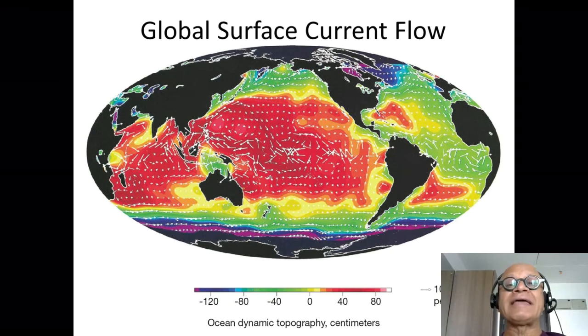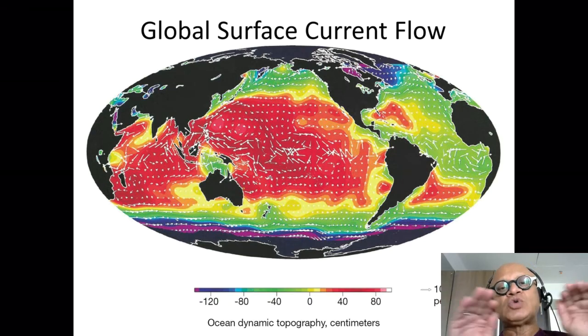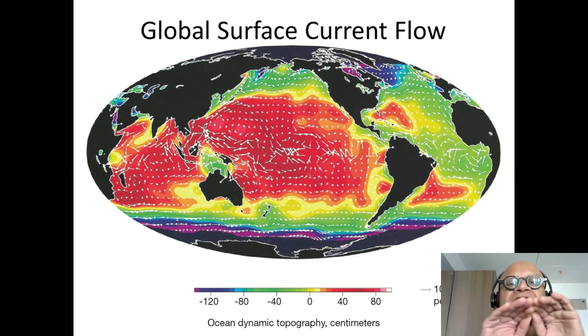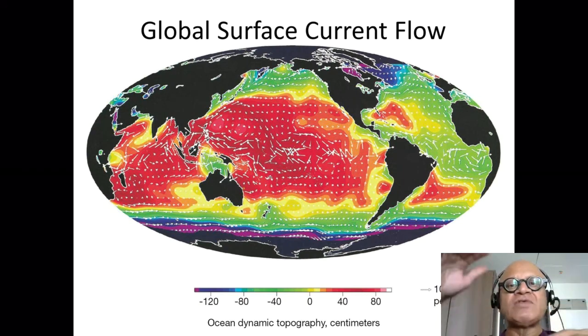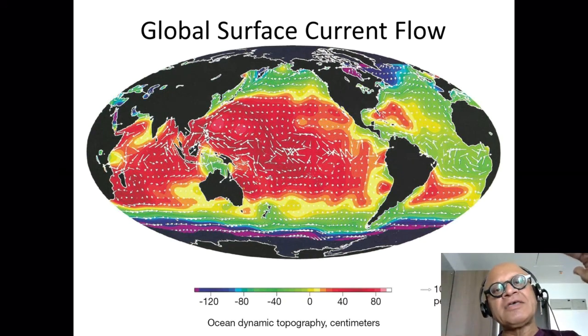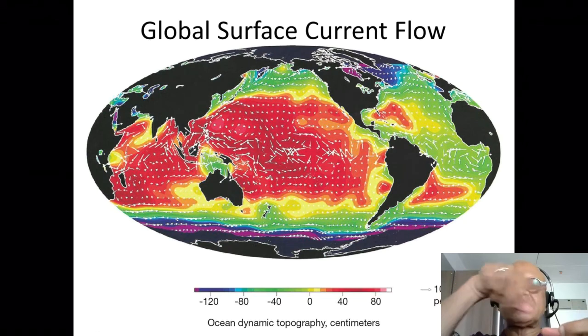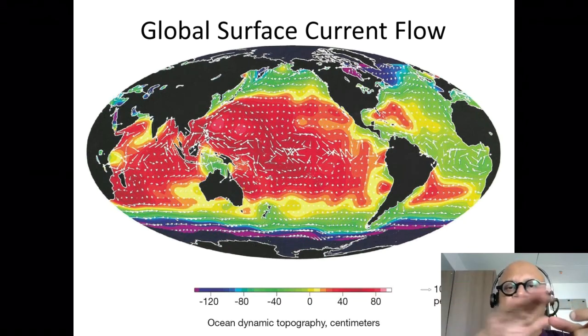Why is it called dynamic topography? Because imagine the ocean. We always say sea level pressure, and so on, but sea level is never perfectly flat. Even if the ocean was not moving, the surface will have high levels and low levels based on the gravitational pull on this rotating Earth, right? If you take a cup of water and you put a spoon and spin it, the water is not going to be flat, right?